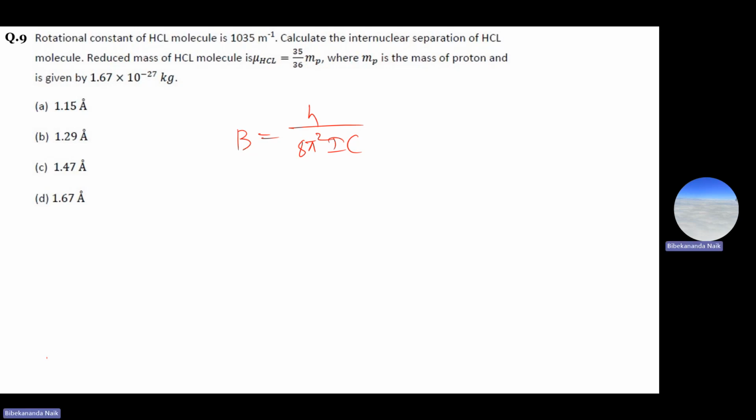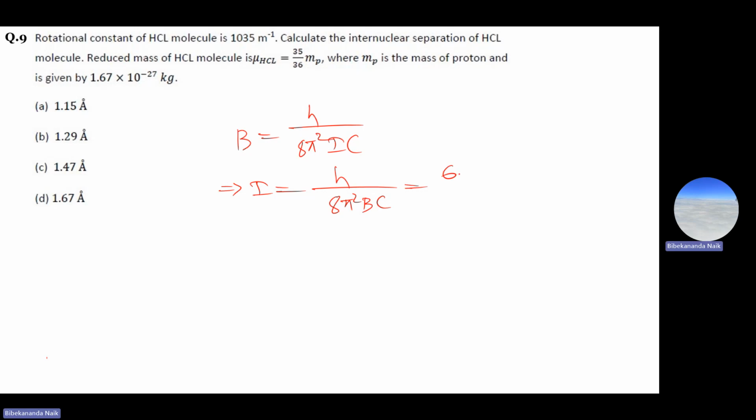See here, the rotational constant of HCl molecule is given. Now the rotational constant is known as B. So this B is nothing but the rotational constant, and the expression of B is h by 8 pi square Ic. So I will be h by 8 pi square Bc.